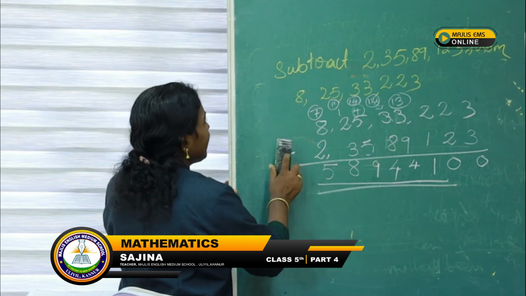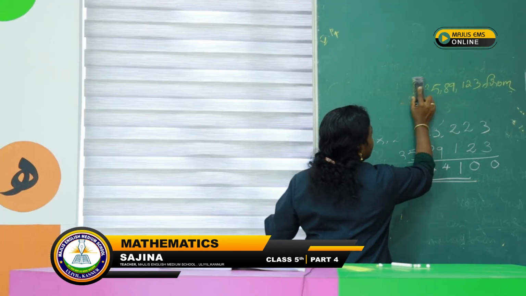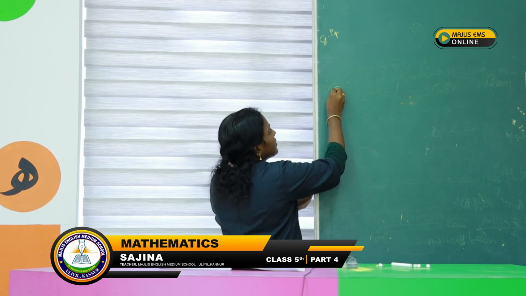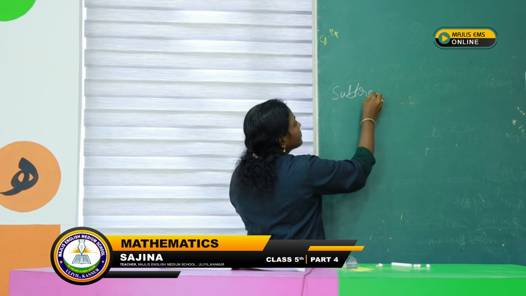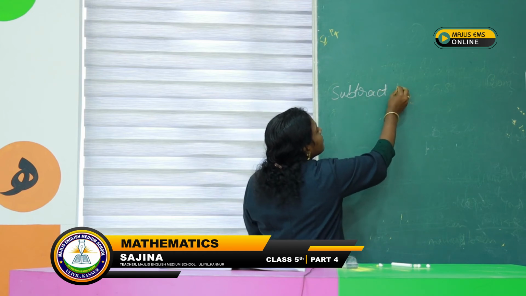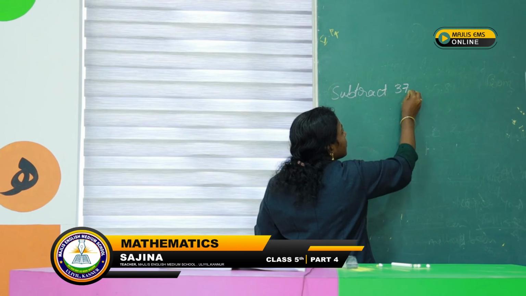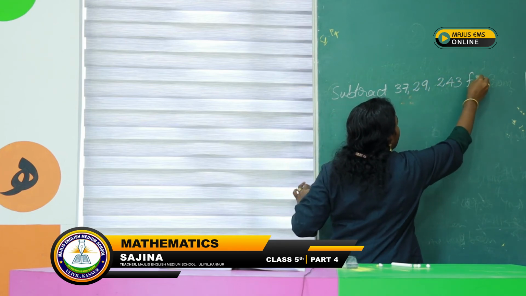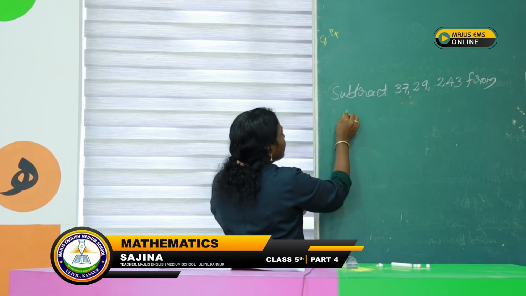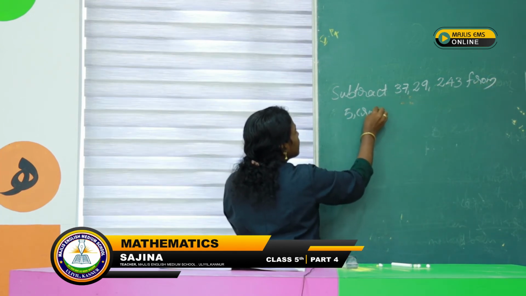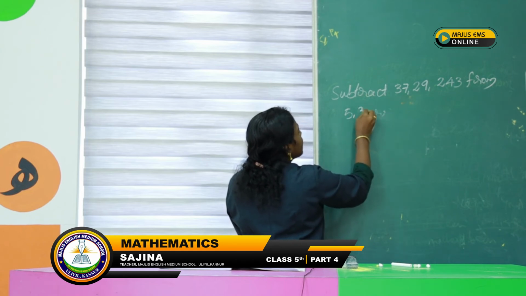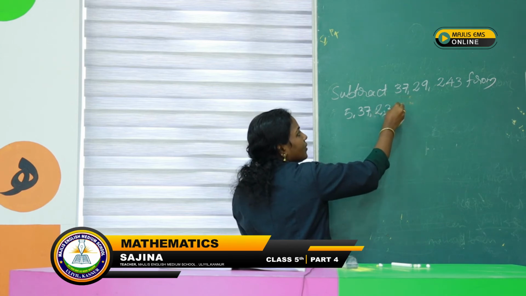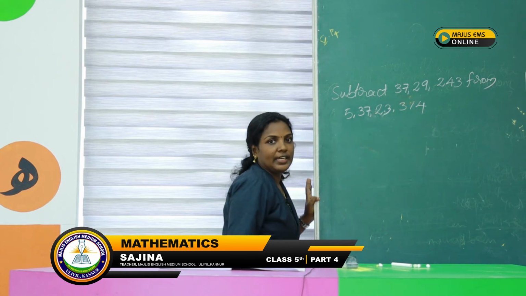Next, one more question. Subtract 37 lakh 29,243 from 5 crore 37 lakh 23,314.